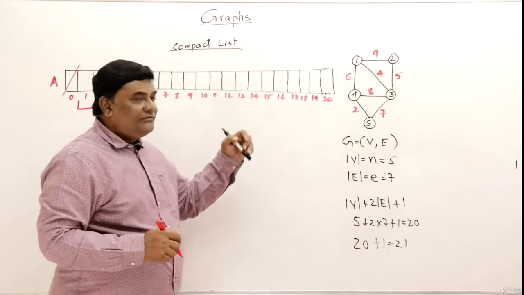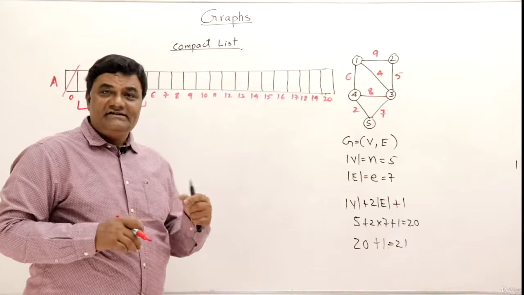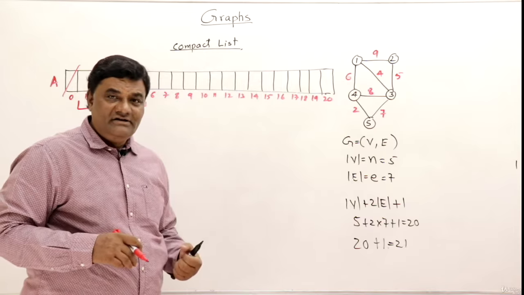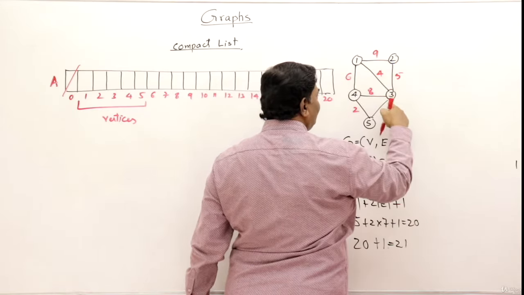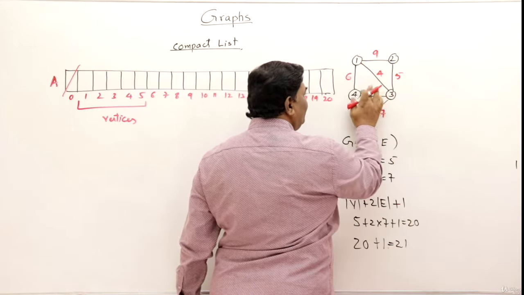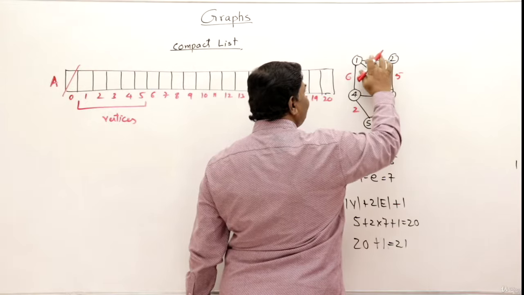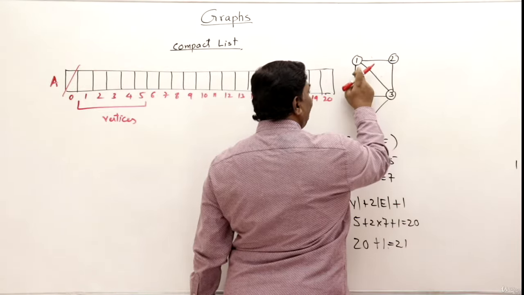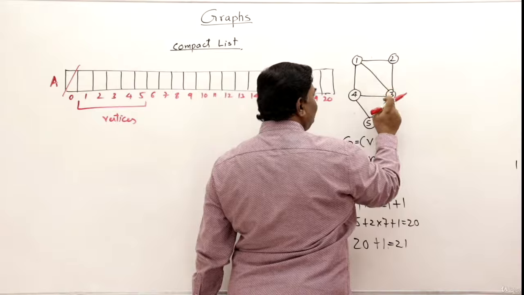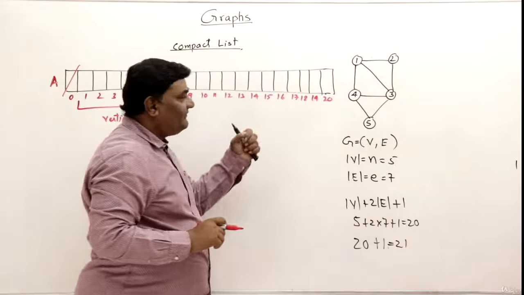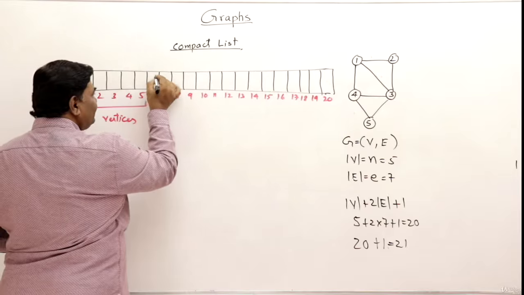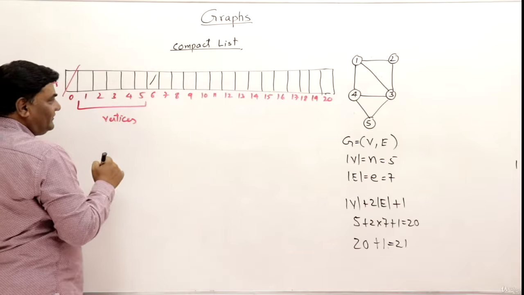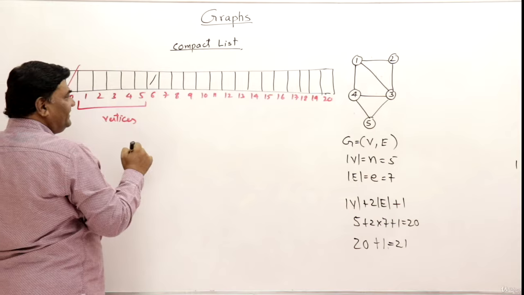Then for each vertex I should have an adjacency list, means who are adjacent to it. Like for vertex 1, adjacent vertices are 2, 3 and 4. But now I will not be using weights, I will remove these weights. So for 1, adjacent vertices are 2, 3 and 4. So I have to write this down. Leaving this location vacant, I will not use that location. I will show you why I am leaving it vacant.